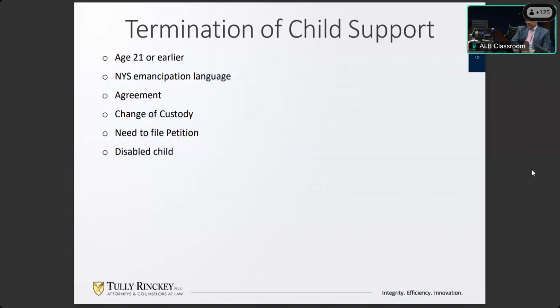All right. Other emancipation factors. Child goes before 21, child goes into the Army. Child marries. You don't have to support the child. If your child marries, you don't have to support that child any longer. Child dies, of course. Either party dies, the payor, okay?